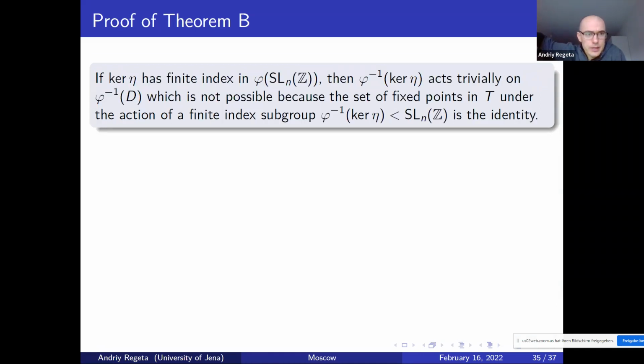Therefore, we are left with the case where the kernel of η has finite index in φ(SL_n(Z)). Well, in this case, the preimage of the kernel of η acts trivially on the preimage of D, simply because the kernel of η acts trivially on D. But this is not possible because the set of fixed points in T under the action of a finite index subgroup of SL_n(Z) is just the identity.